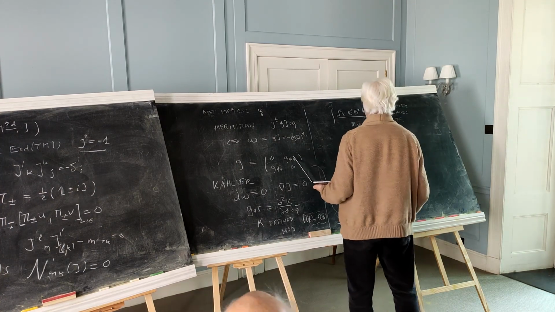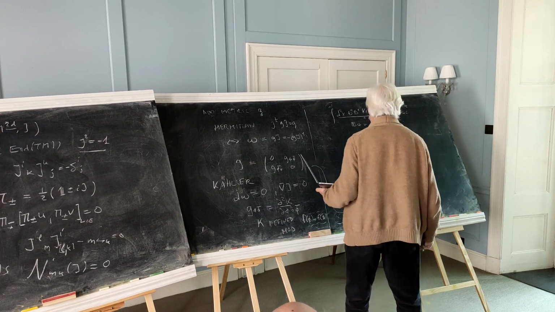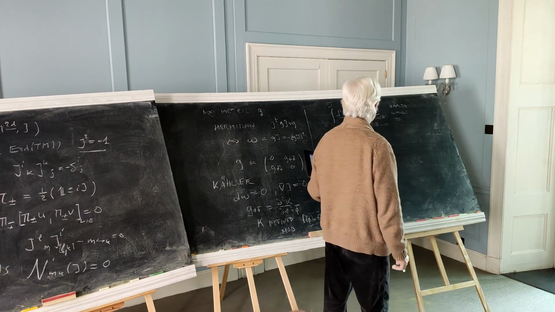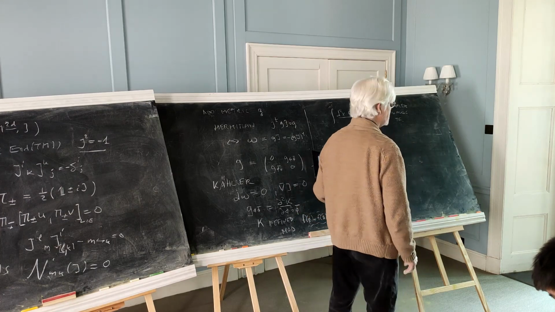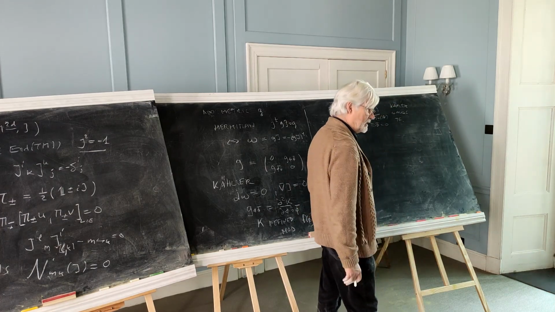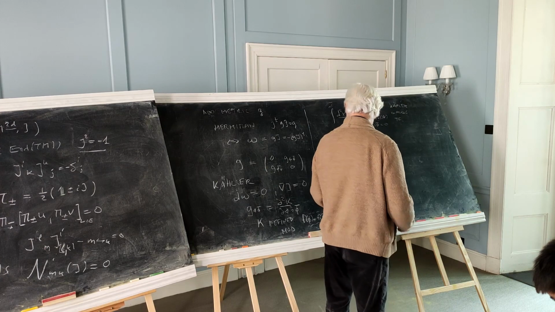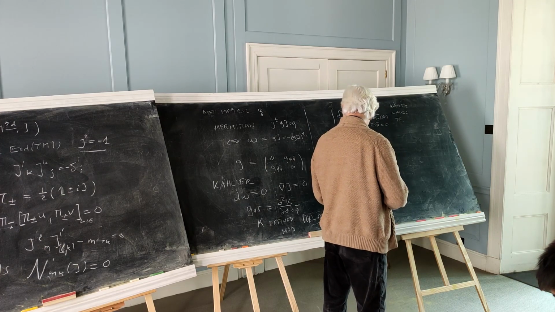So what we're saying is that K in the sigma model and in Kähler geometry is only defined up to a Kähler gauge transformation. It becomes important when we're doing the gauging.